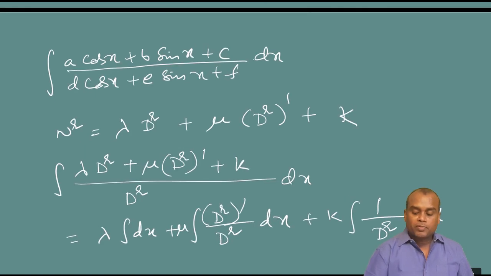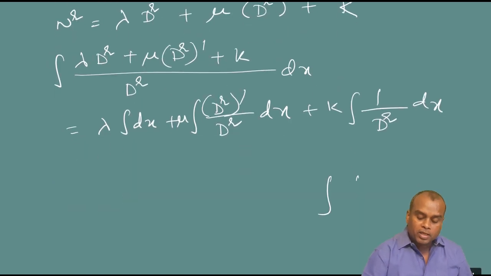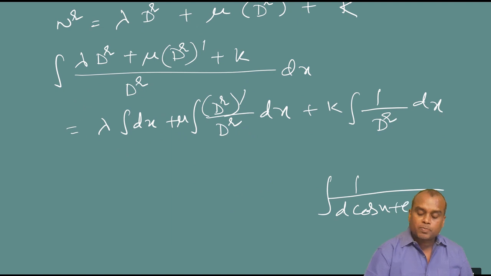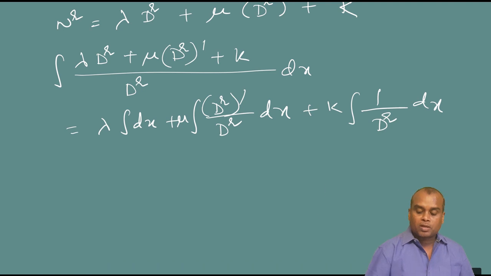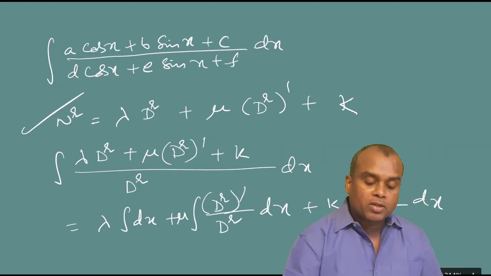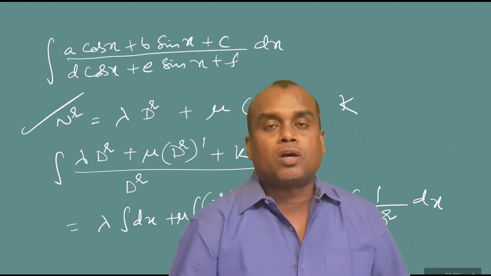Now observe that if it is only 1 by denominator, then it is like integral 1 by d cos x plus e sin x plus f. And that is what we have already discussed. We simply make the substitution tan x by 2 is equal to t in this integral. So we know how to do this part. So once you write your numerator like this, rest is all obvious.